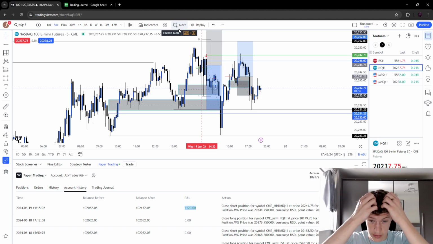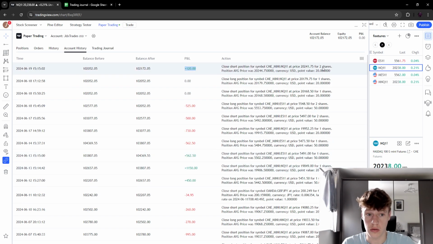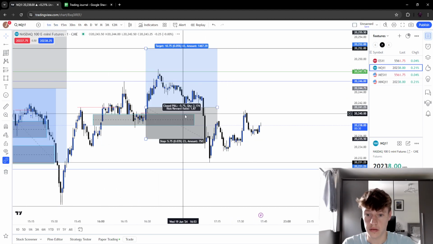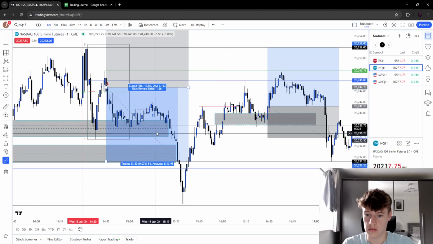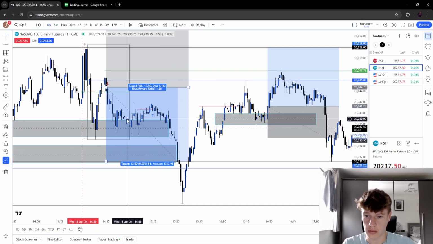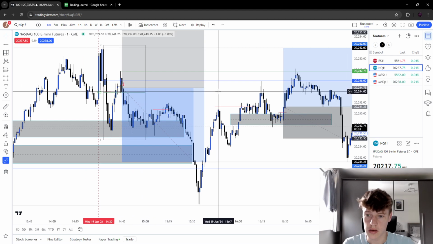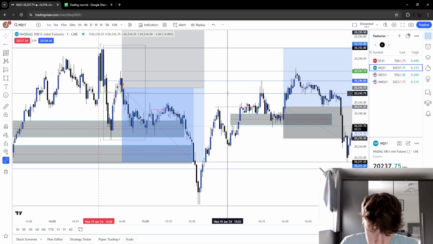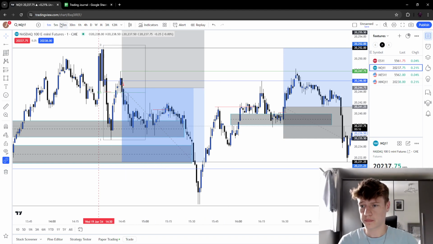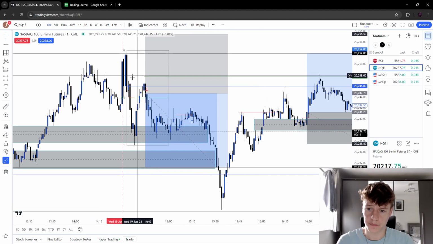But it was bank holiday, so I didn't want to risk a lot. As you can see, there was not a lot of volume at all. If we look at the 1 minute, it is not a lot of volume, a lot of candle gaps, not a lot of wicks. Minimal volume for a bank holiday day. So we treaded lightly. But either way, that was the trade we took.